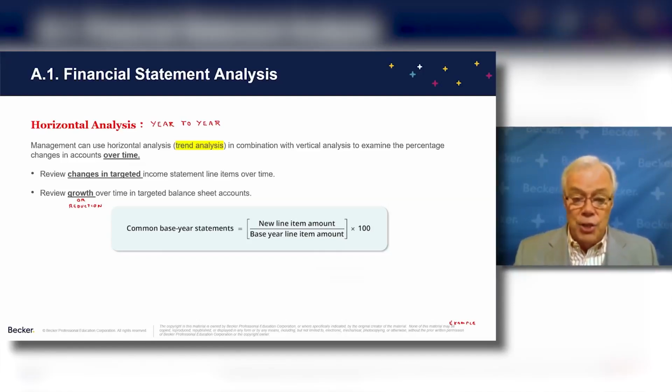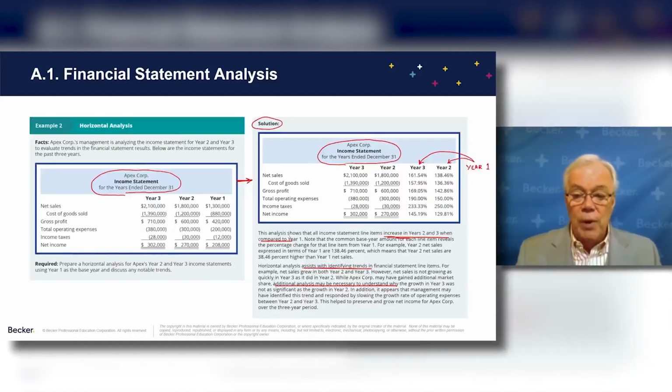Notice you review changes in targets on your income statement, and you review growth or reductions in your balance sheet accounts. So once again, you're going to take your new income item and compare it to a base. Here we go with creating the percentages. Notice it's on each item, but it's comparing it to a base year, which is your first year.